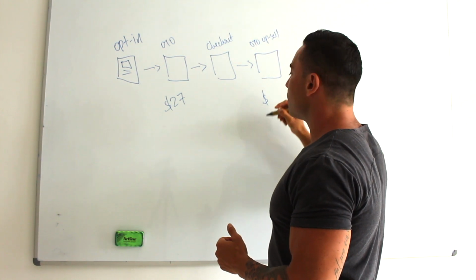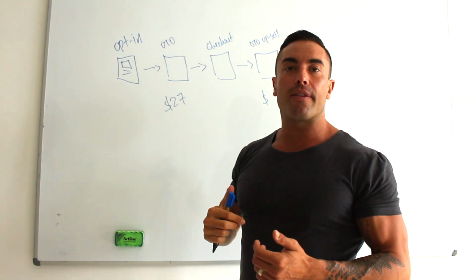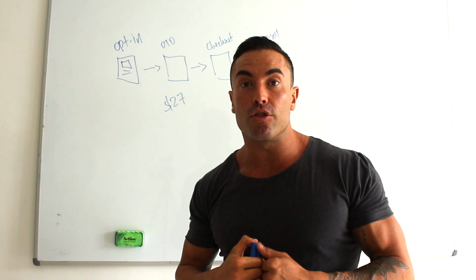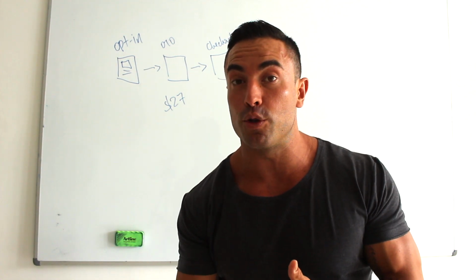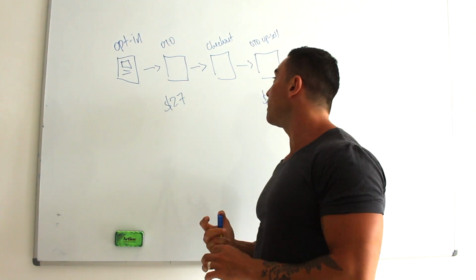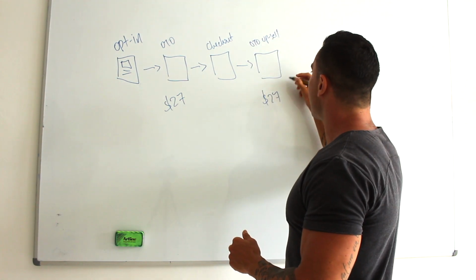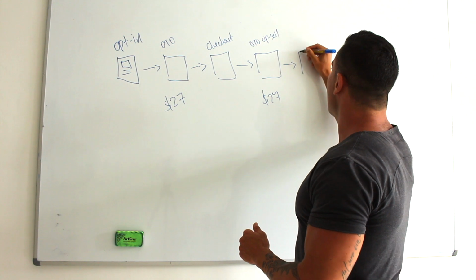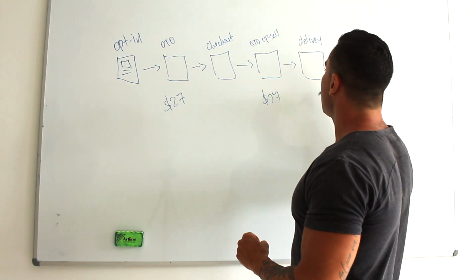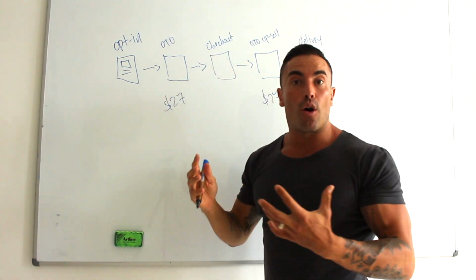If we're selling a $27 nutrition program to lose weight, maybe we could sell them a $27 training program to help them lose weight as well, because we're helping them solve another problem that we know these people could have. And then simply after that, we have the delivery of what you have just sold them. And then this is the front end of your business.